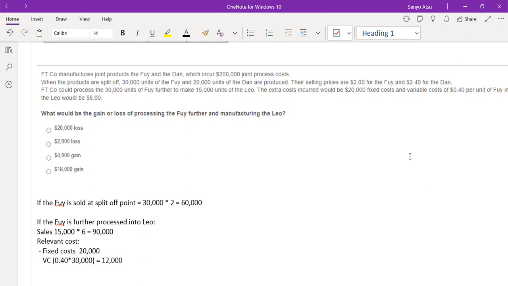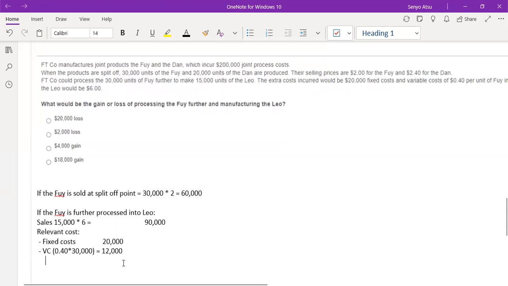Lots of number crunching, lots of numbers here. So you see, when the F becomes the Leo, you make $90,000. But to make 90,000, you spend extra cost of 32,000.